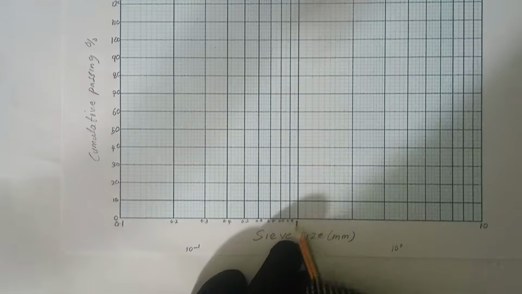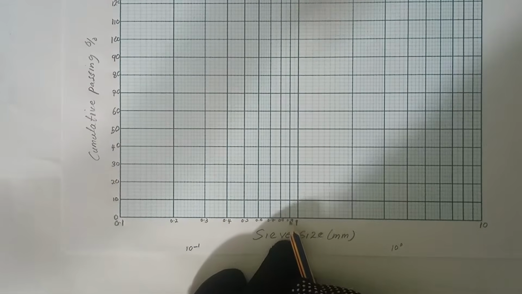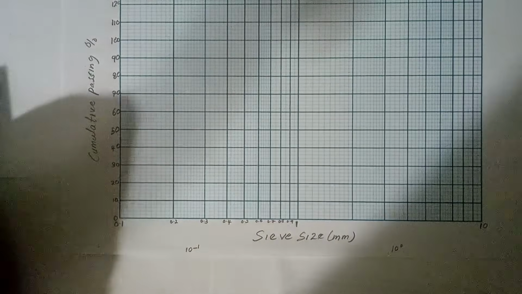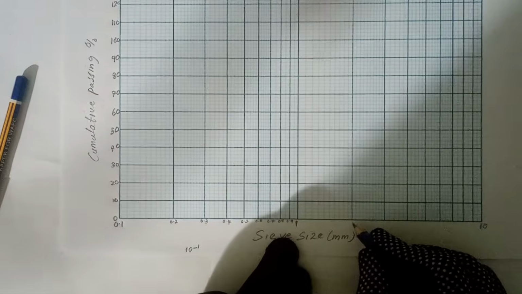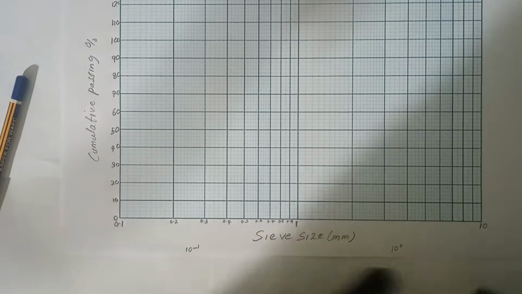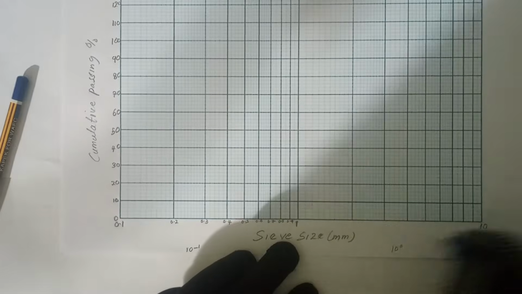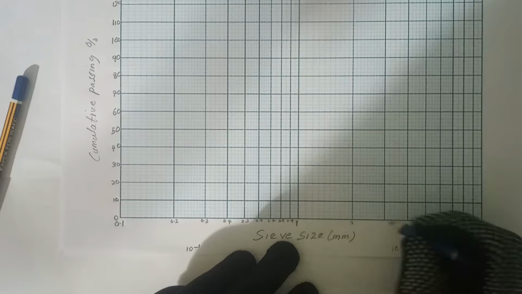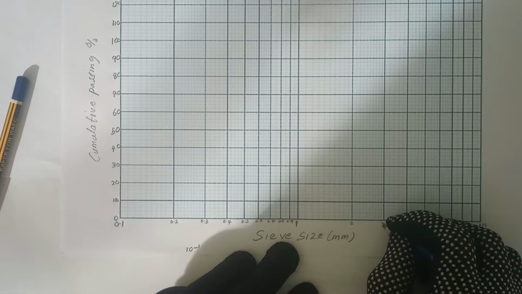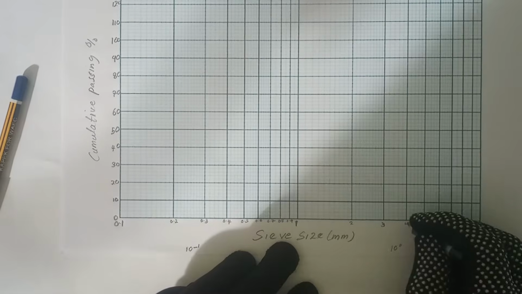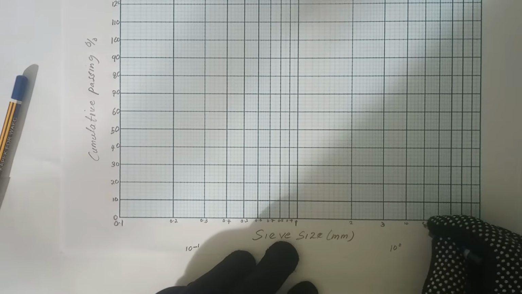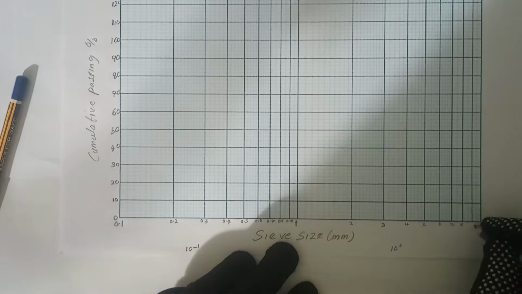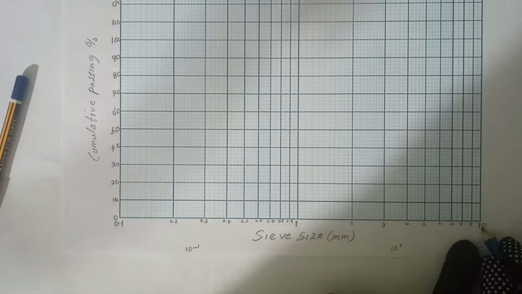Then here is 1, because after 0.9 we have 1. While for the second cycle, it's increasing by 1. So here is 1, here is going to be 2, 3, 4, 5, 6, 7, 8, 9, and here is 10.